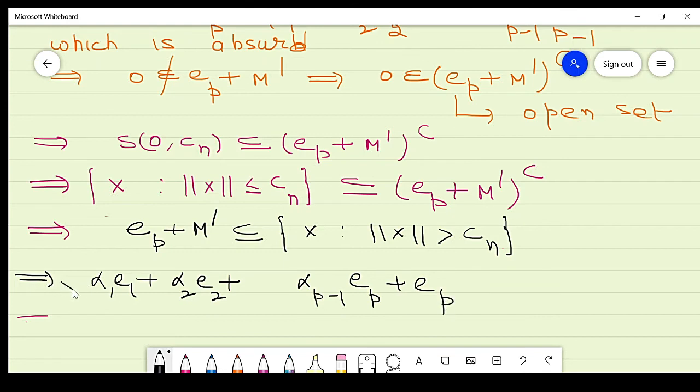So this is an X member which belongs to EP plus M dash, so it satisfies this condition.